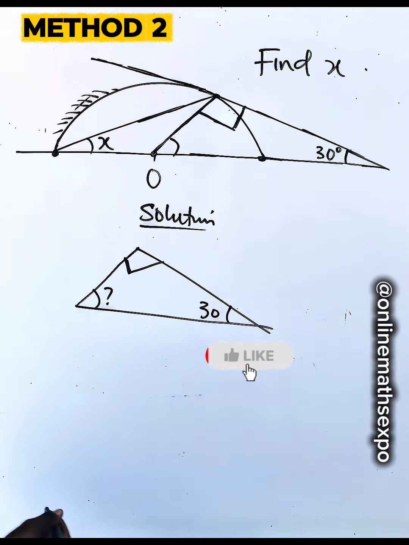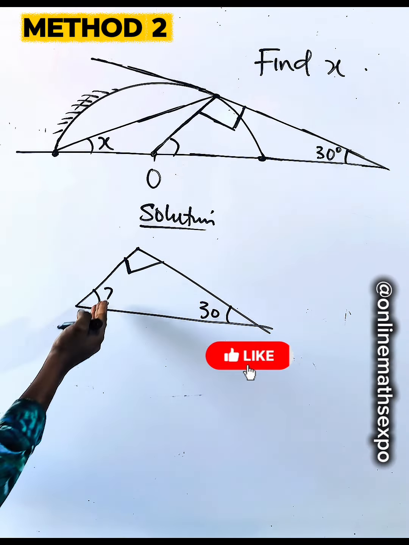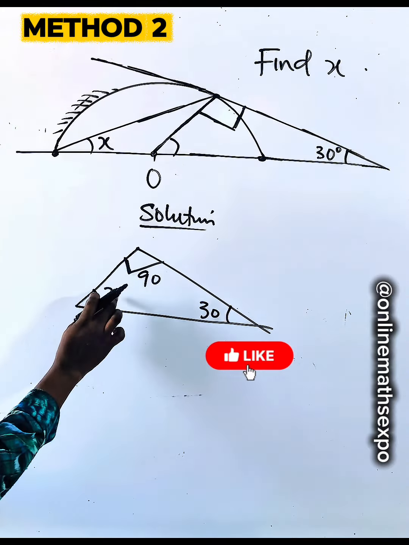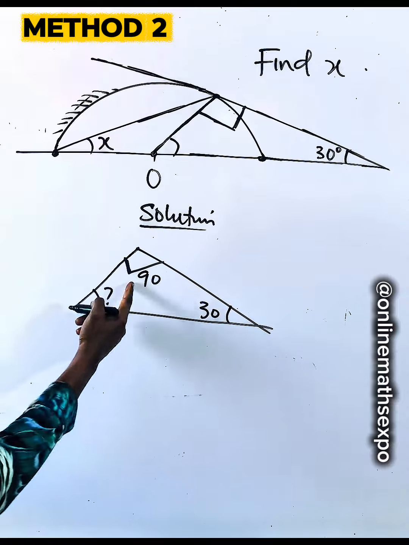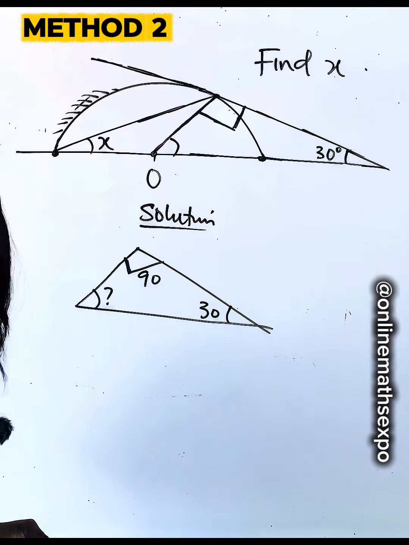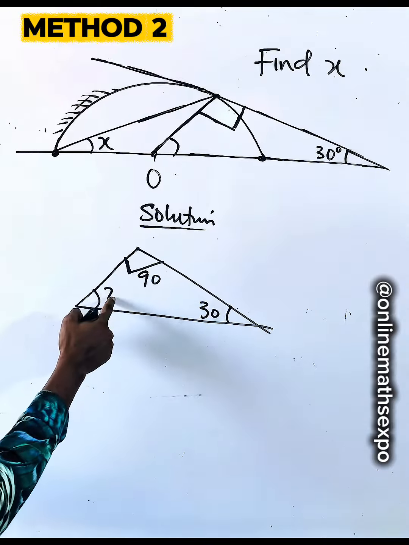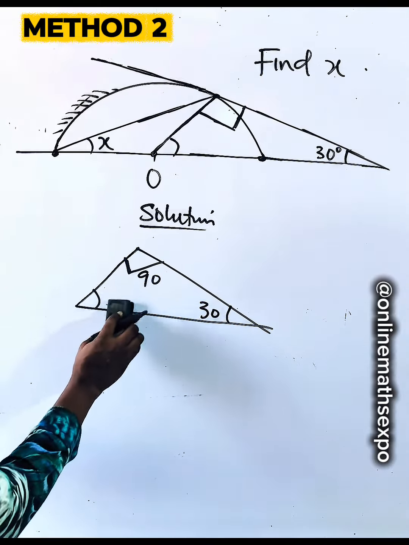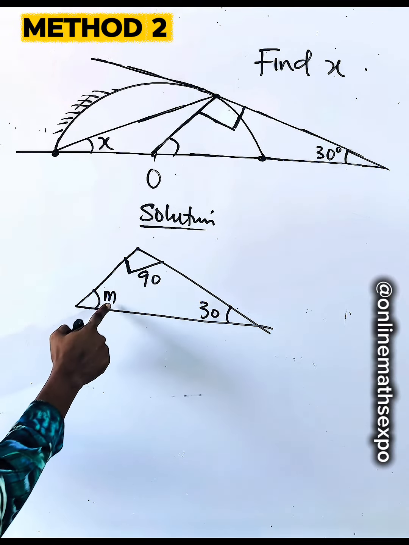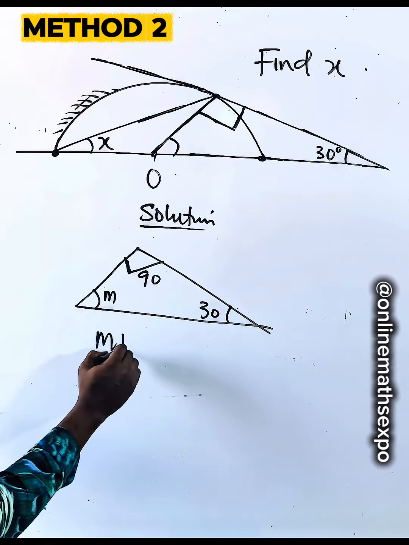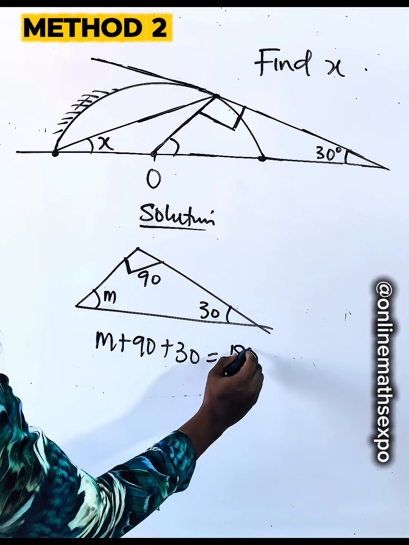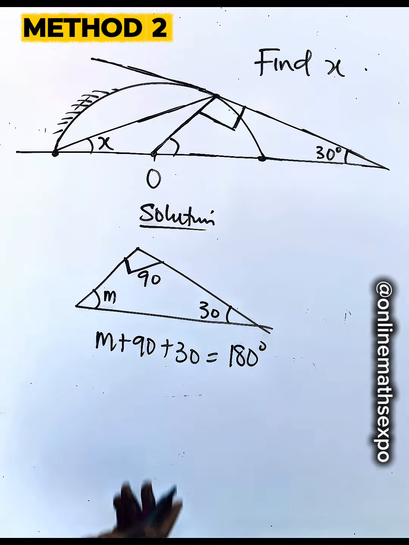What to do here is, you know that here is already 90 and this is a triangle. So to find this part, you add this whole together and subtract it from the sum of angles of a triangle, which is 180. Let's just say the missing part is m, okay? So m plus 90 plus 30 is equal to 180 degrees, sum of angles of a triangle.